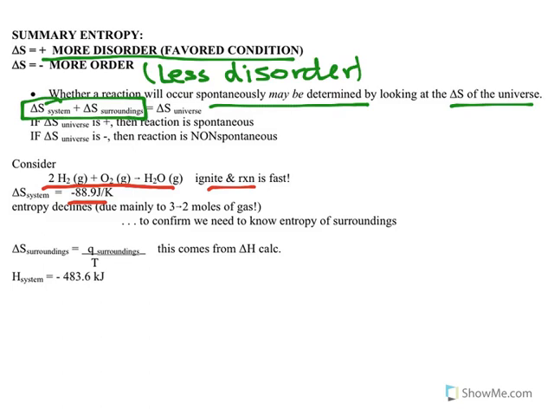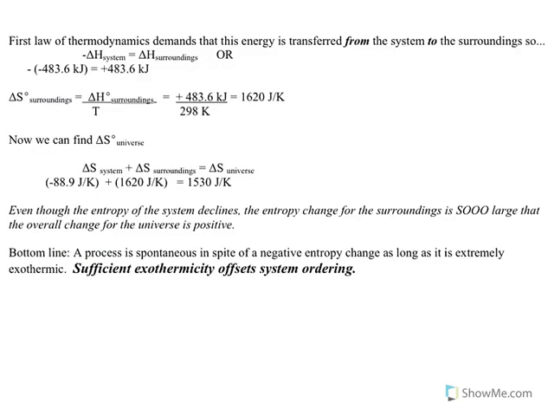But we can also go ahead and calculate our entropy of the surroundings using our delta H. And if we go through that calculation, basically our system and our surroundings here, our delta H ends up switching to a positive when we're talking about our surroundings.